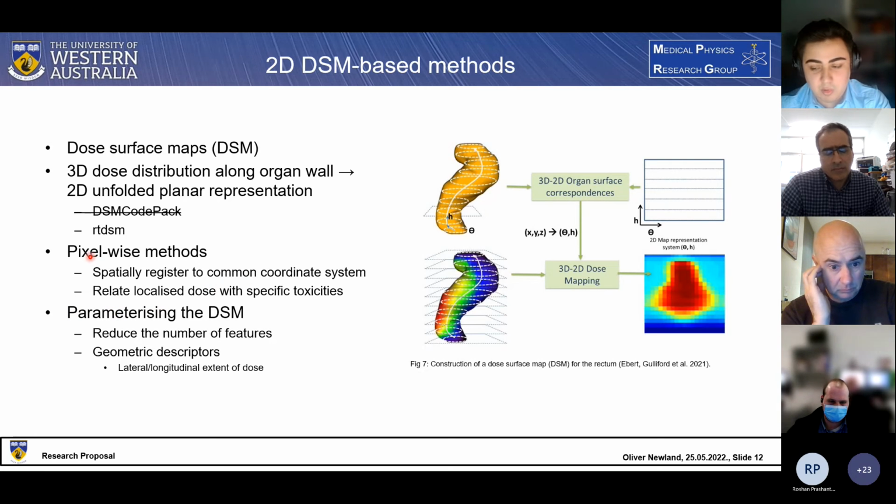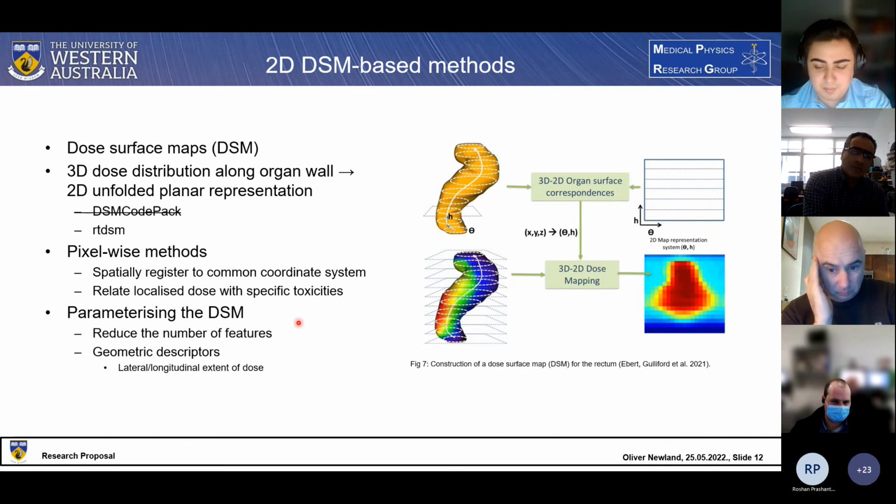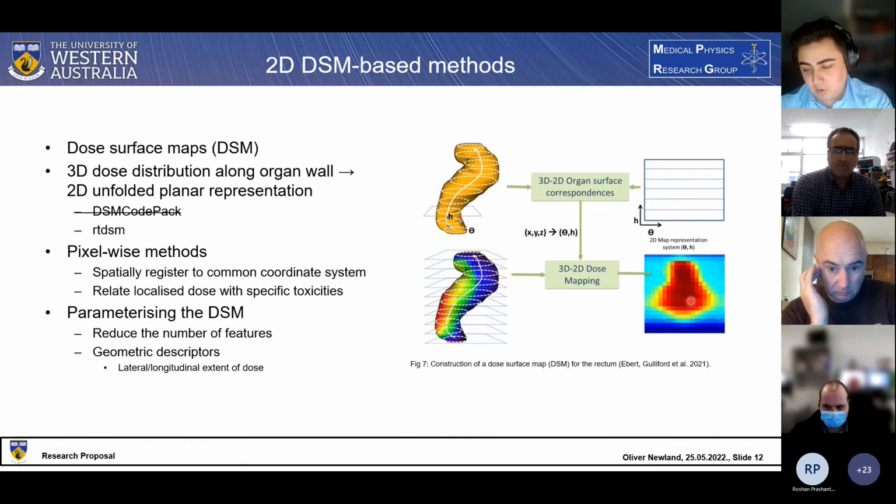The second way is to parameterize the DSM. The advantage of this is you're dealing with fewer features. An example would be, say, looking at the horizontal or vertical extents of the dose.